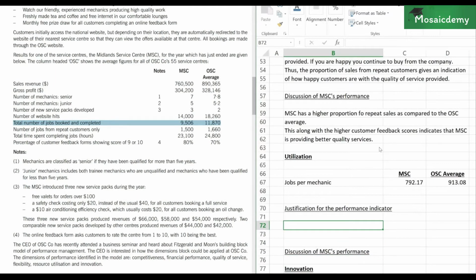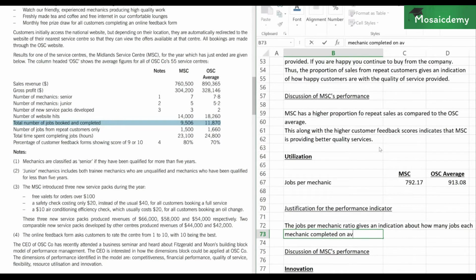First, the justification. The jobs per mechanic ratio gives an indication about how many jobs each mechanic completed on average, right?